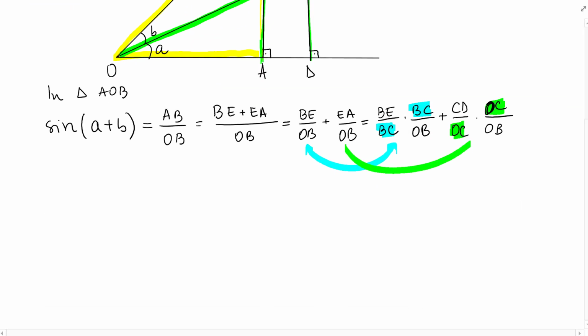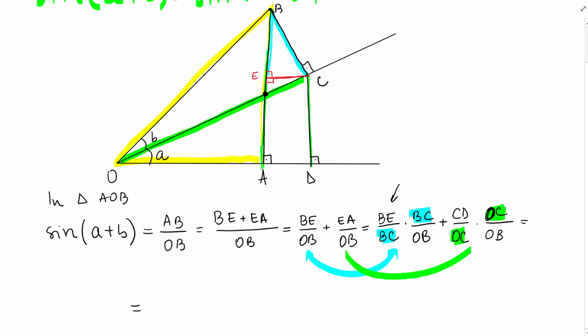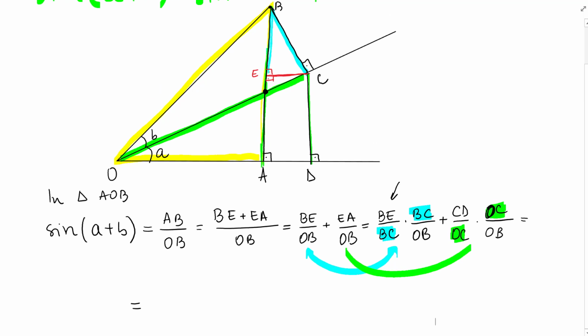So now we can start replacing. When we go to BE over BC, well, there are opposite side or adjacent side, but we have to figure out of what angle.